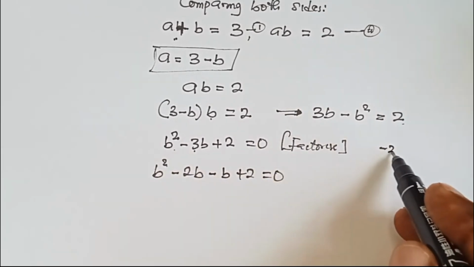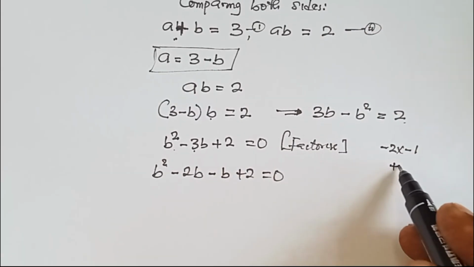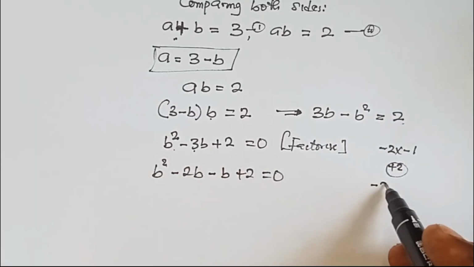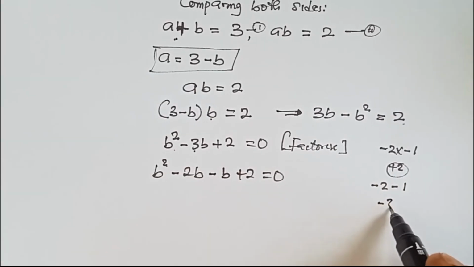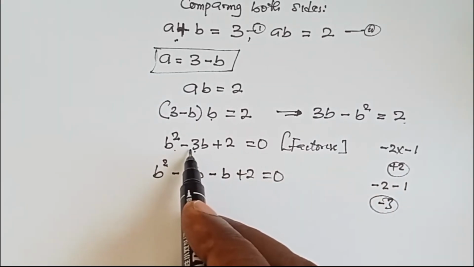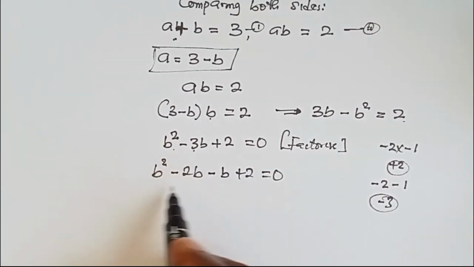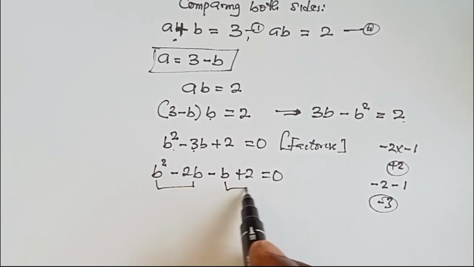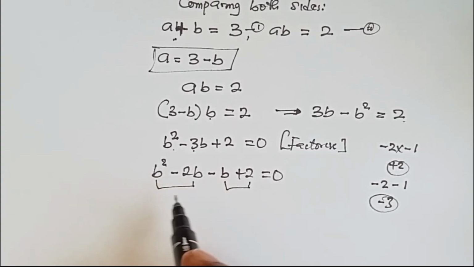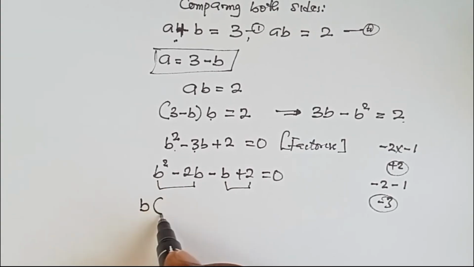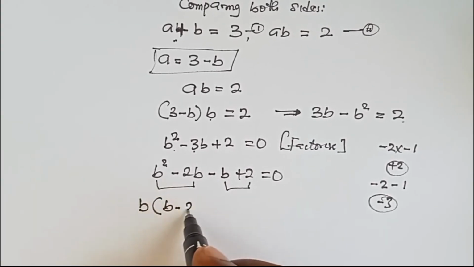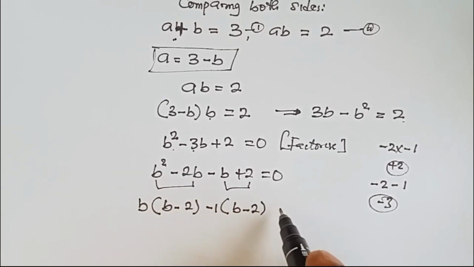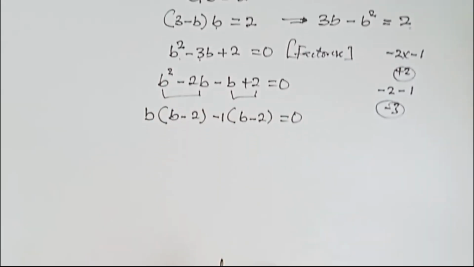Because minus 2 times minus 1 gives us plus 2, and minus 2 minus 1 gives us minus 3. Let's group them into two. In the first group, b is common: b here and minus 2 here. In the second group, minus 1 is common: b here, minus 2 here, everything equals 0.